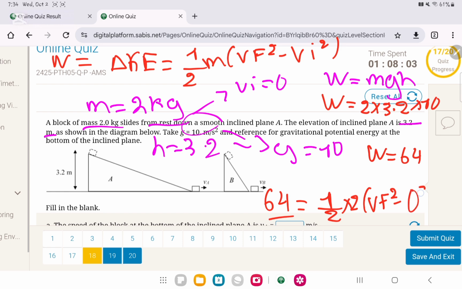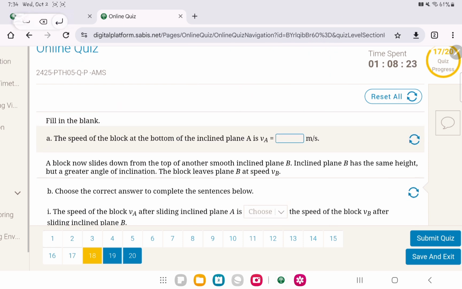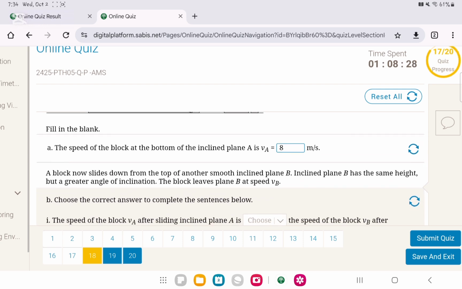V initial is 0, so 0 squared. Then, if we solve it even more, 64 is going to be equal to 1 times V final squared. So 64 is equal to V final squared. To get rid of the squared, we're going to do radical. So then V final is equal to 8. Okay, so the speed of the block at the bottom of the inclined plane, which is V final, is 8.